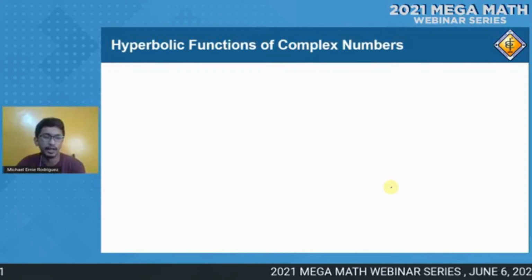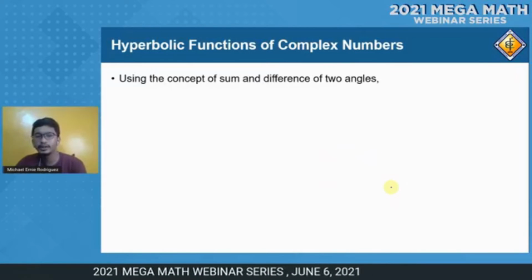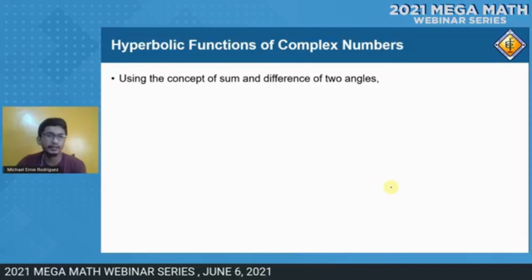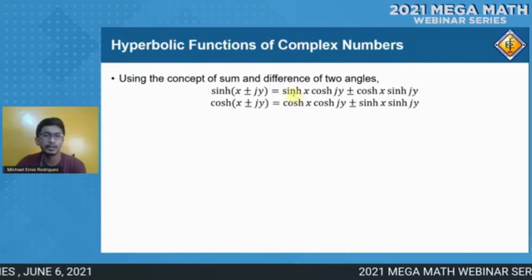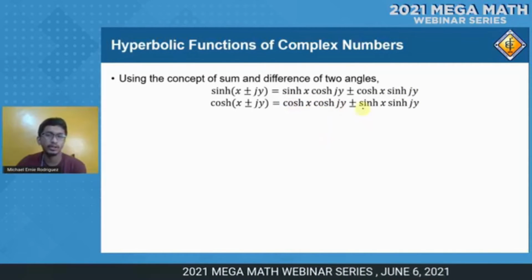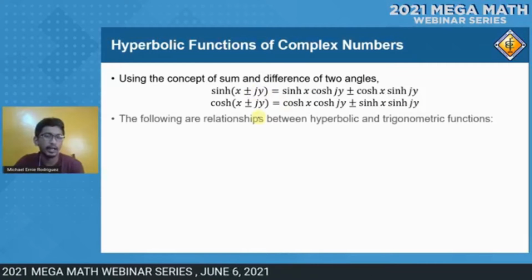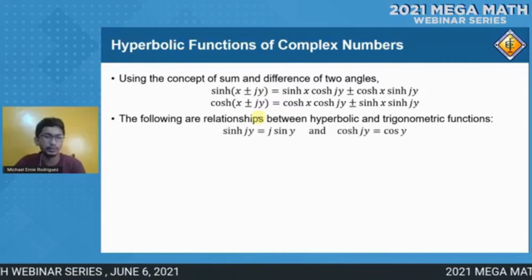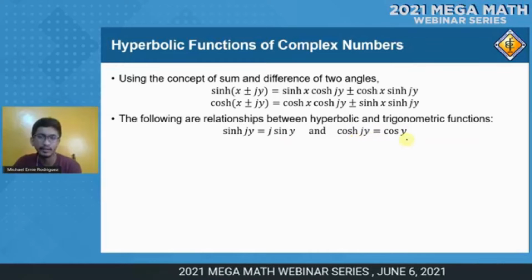Next are hyperbolic functions of a complex number. So again, using the concept of sum and difference. So this again, but this is sinh, cos, sinh, and then cos, sinh. Again, we have the relationships between the two. So we have sinh jy is equal to j sin y, and cos jy is cos y. Okay.